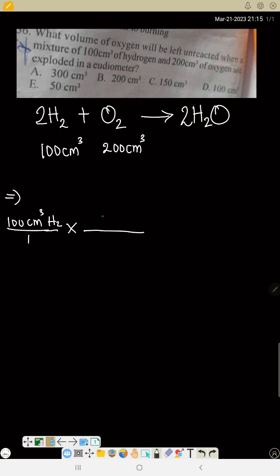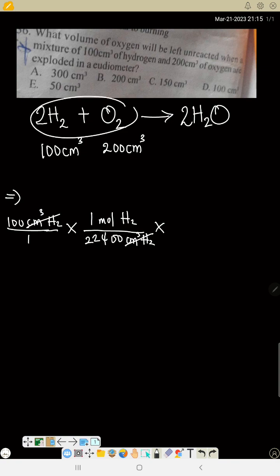So now, 1 mole of hydrogen gas is 22400 centimeter cube of hydrogen gas. The centimeter cube of hydrogen gas will cancel out, so everything I have here is moles of hydrogen. But I'm going to volume of oxygen that will remain.